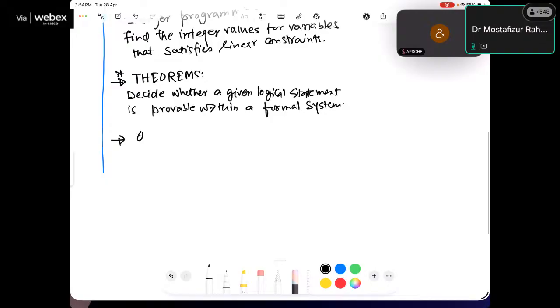There is something called the Codex problem. There is a question whether Hamiltonian cycle and TSP are the same or not.